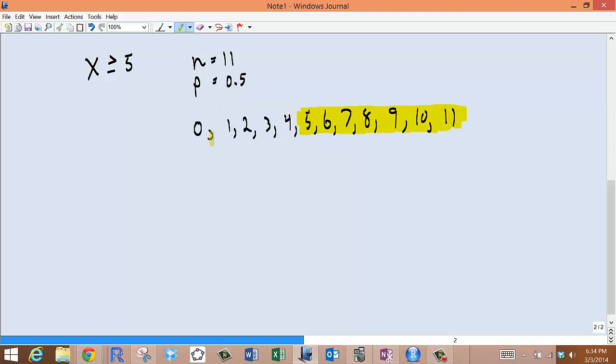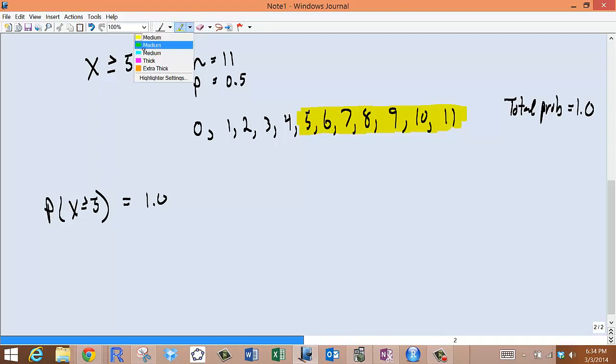Now remember, if you add up the probability that x equals 0 plus 1 plus 2 and so on, you get 1. So the total probability is equal to 1. Let's look at it like this. The probability that x is greater than or equal to 5 is the same thing as taking the total probability of 1 and taking out all of this probability here that's in the green.